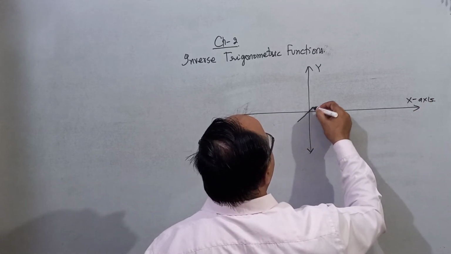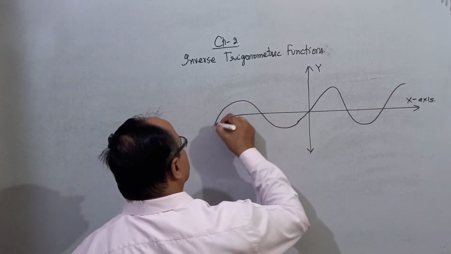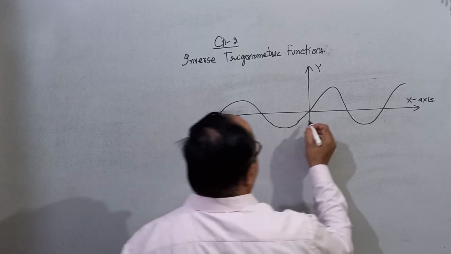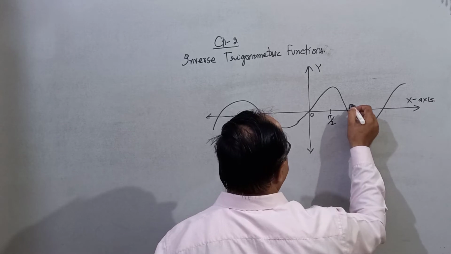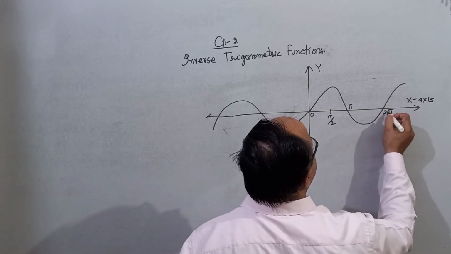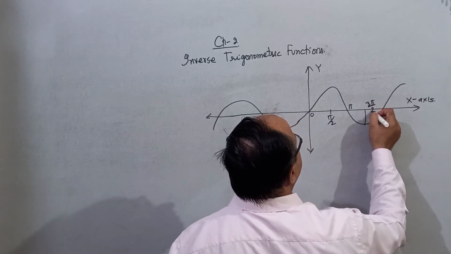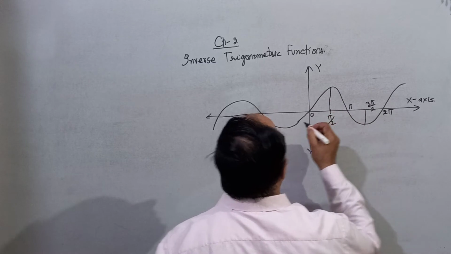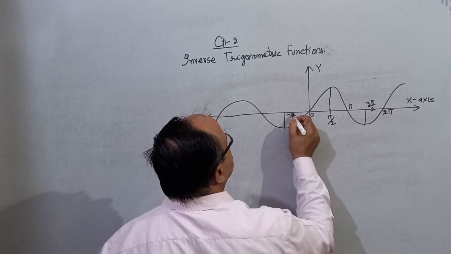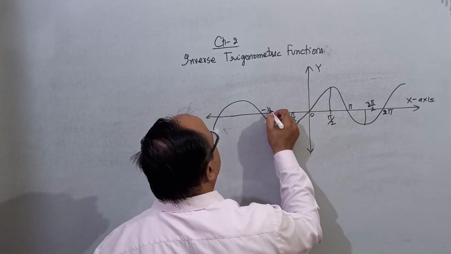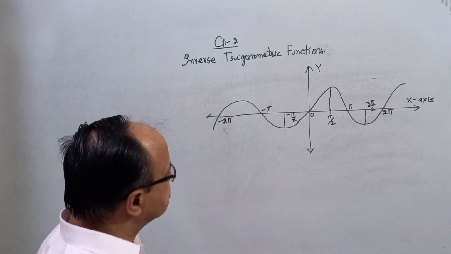And the graph of sin, this is 0 and this is pi by 2 and this point is pi and this point is 2 pi and this is 3 pi by 2, and this is minus pi by 2, this is minus pi and minus 2 pi, correct?